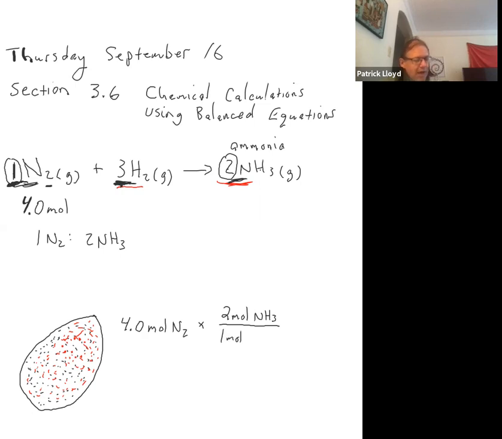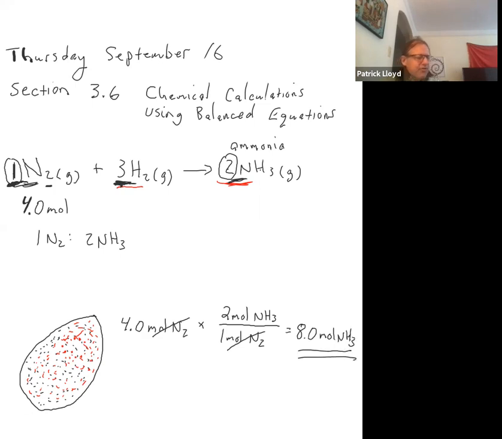And you can see why the nitrogen's going in the denominator and ammonia is going in the numerator. We want the moles of nitrogen to cancel so that we get moles of ammonia, right? So 4 times 2 is 8, right? So 8.0 moles of ammonia, to 2 sig figs.